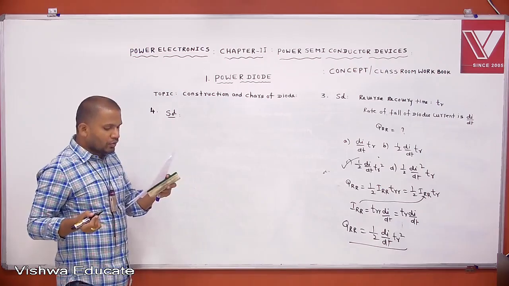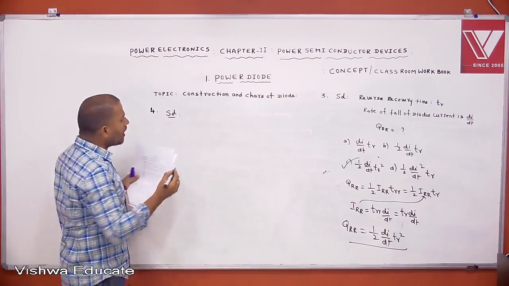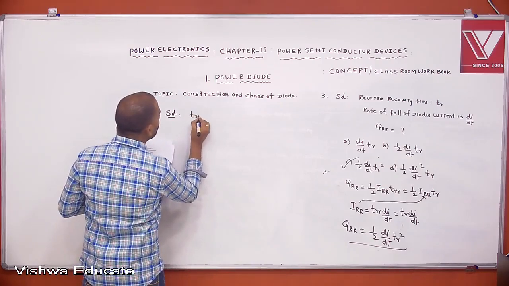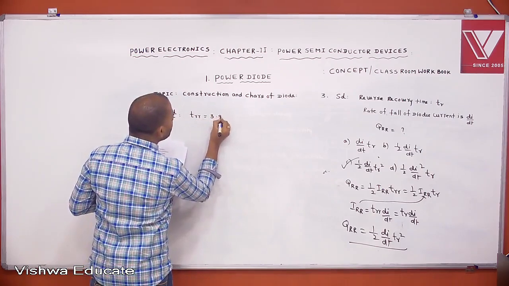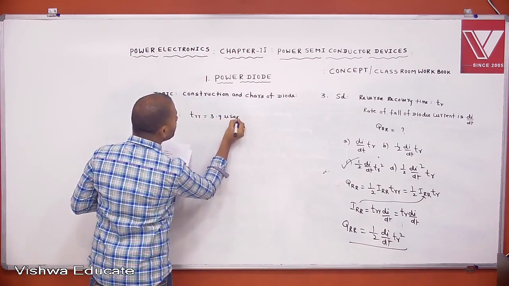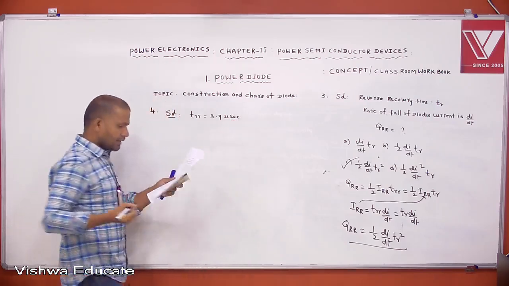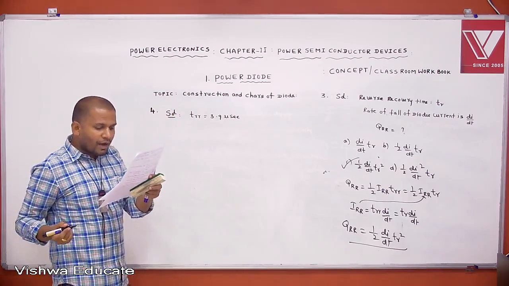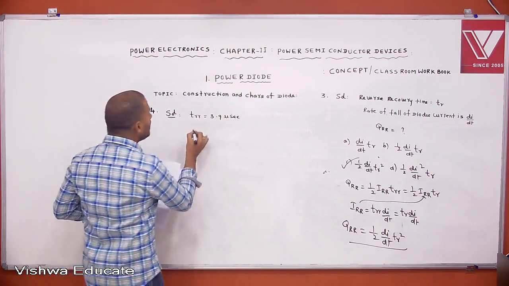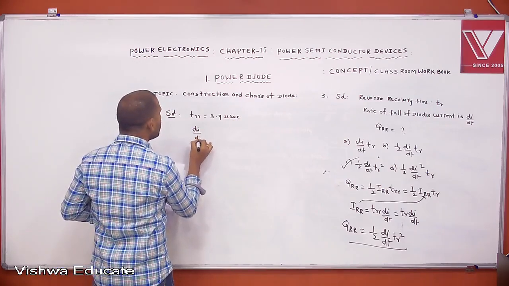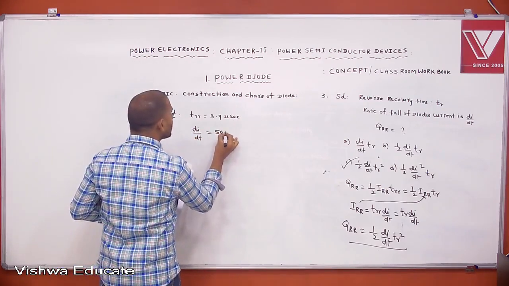For a power diode, the reverse recovery time, TRR, is 3.9 microseconds. The rate of diode current decay, di by dt, is 50 ampere per microsecond.